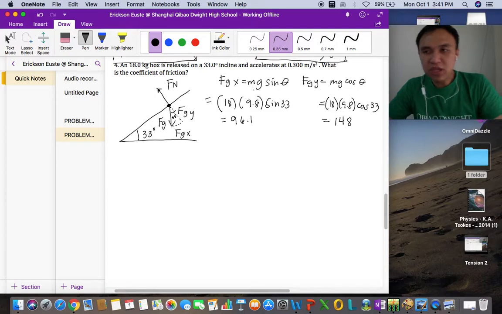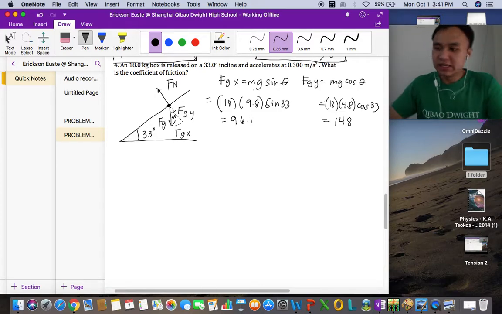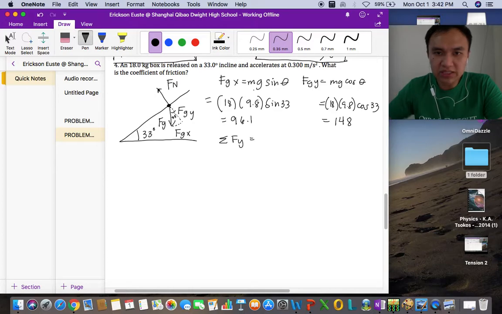Now, we need to get the summation of the forces along y and along x. The summation of forces along y is equal to MAY.